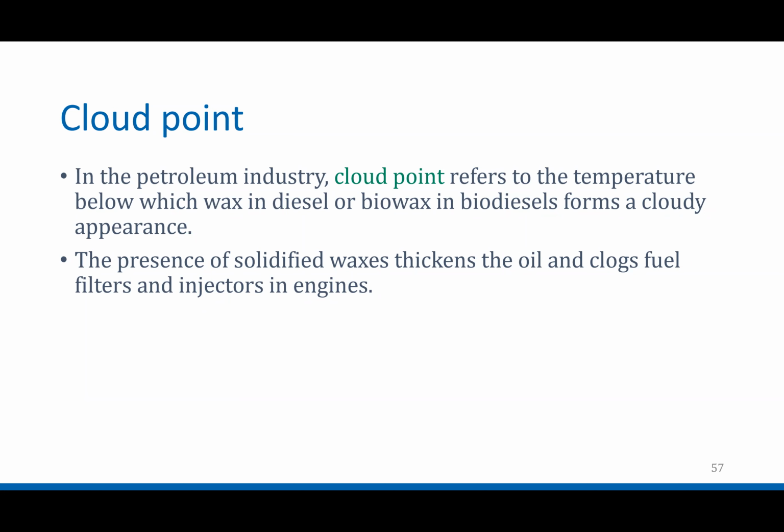So waxes in your petroleum products, typically in diesel, when it gets really cold, start to solidify, which means you get a cloudy appearance. So that's it, cloud point. When I say point, I mean the temperature at which something becomes cloudy.